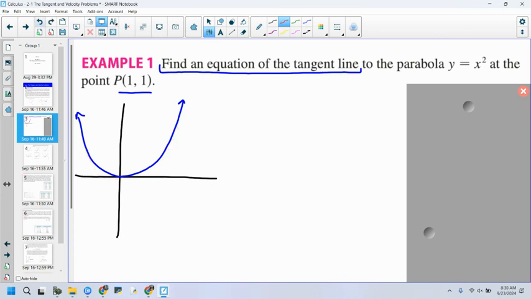So let's do that. We will say that it's at 1, comma 1. We'll put a point right here. Move this over just a little bit. There we go. So 1, comma 1. We are going to find the equation of the tangent line at point 1, comma 1. This is our goal.